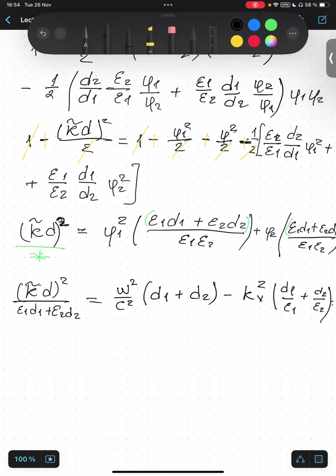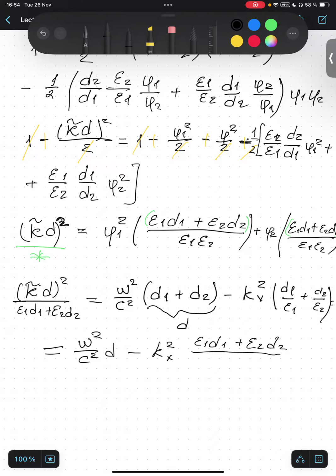And we can further rewrite it, because this is d, our period. So omega squared over c squared times d minus kx squared, and the same part, epsilon 1, epsilon 2.